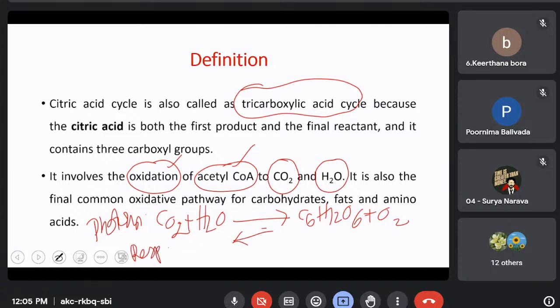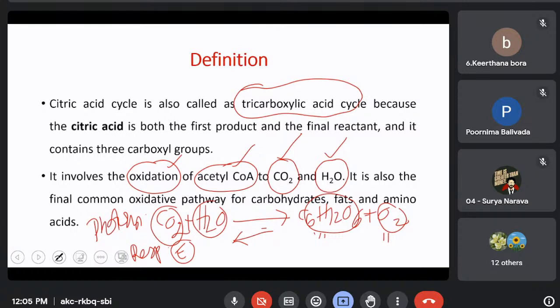Here glucose is oxidized. That means in the presence of oxygen, glucose is broken down to release carbon dioxide and water, during which energy is released. Thus, the Krebs cycle is one of the aerobic pathways responsible for the release of energy.